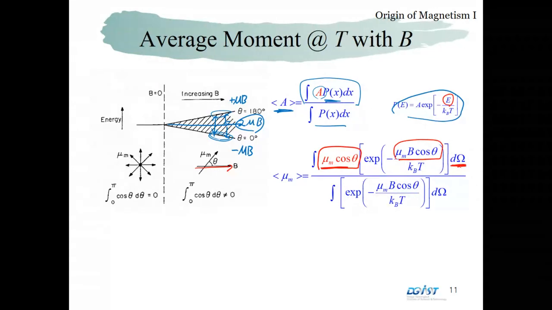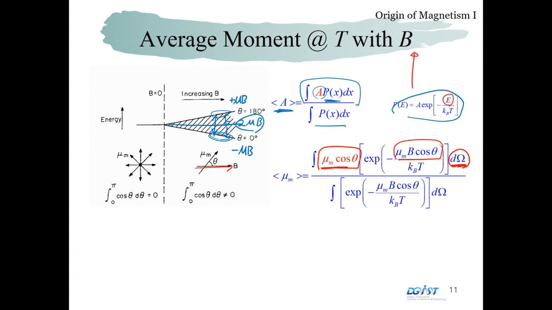And the integrand is d omega, the solid angle integral, but we have a B direction here, and we have a symmetry in the horizontal angle. So those are actually sine theta d theta and d phi. The phi integral just gives 2 pi, and those 2 pi drop out in top and bottom, so we can ignore this angle.